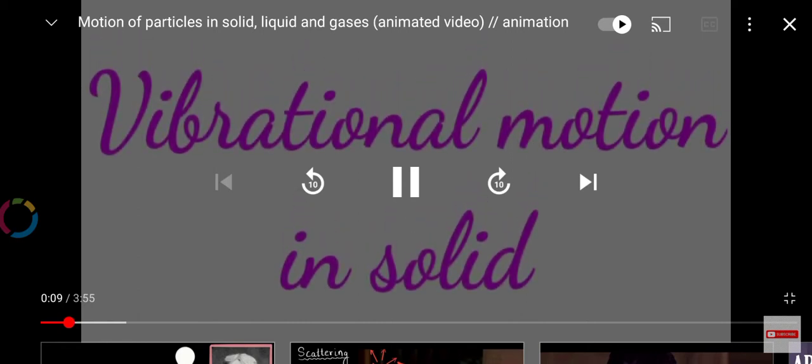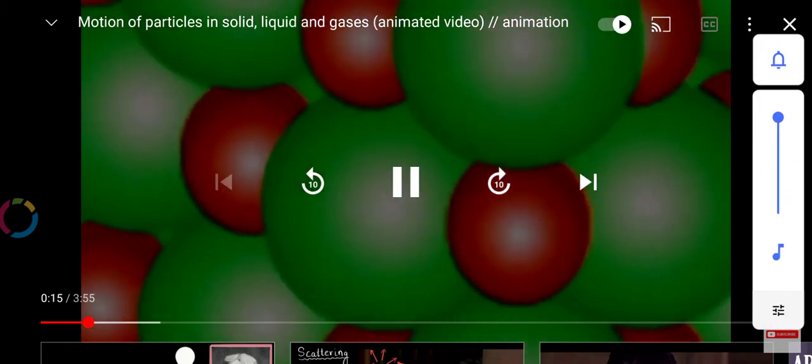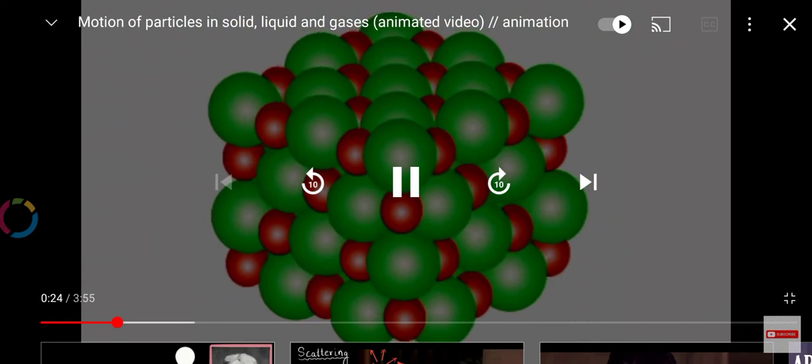Vibrational motion in solid. When we look at the solid, the atoms are very close to each other. They cannot move freely due to the presence of potential energy. Potential energy is the form of energy which helps an atom to move from one place to another place.